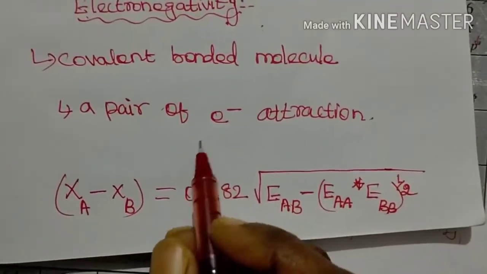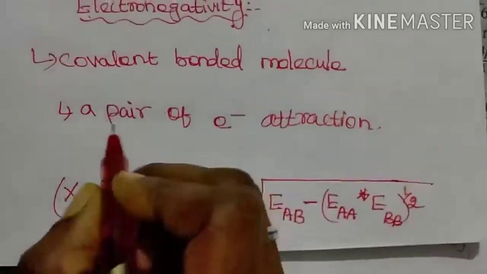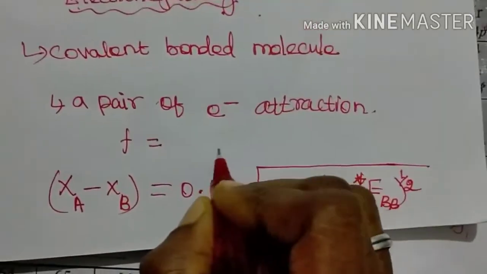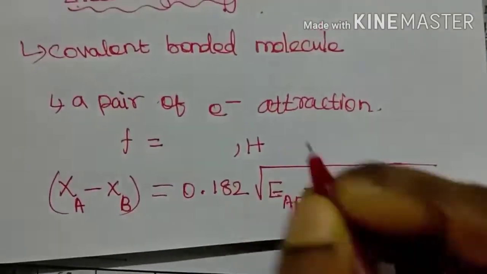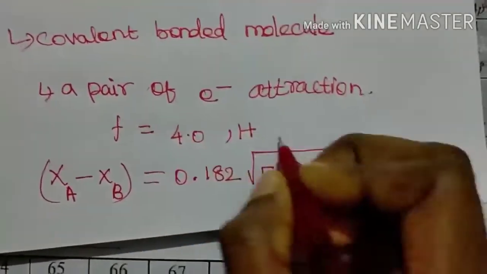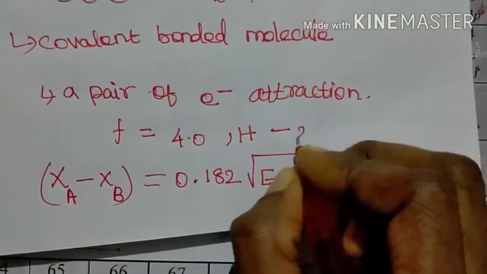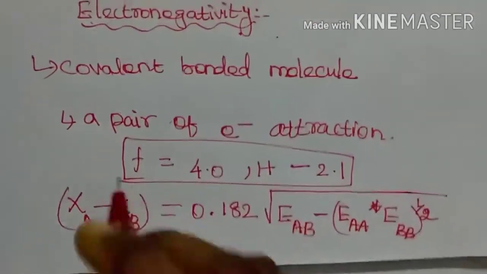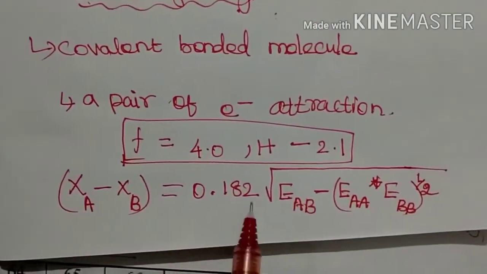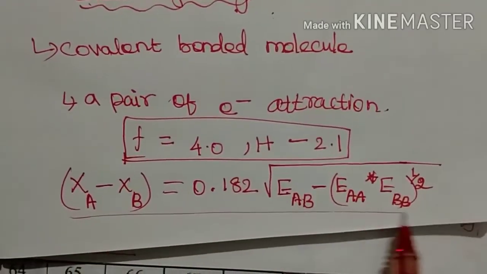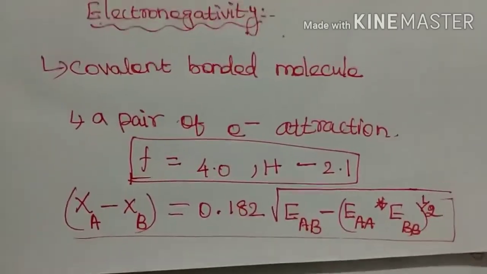He fixed arbitrary values of fluorine as 4.0 and hydrogen as 2.1. He fixed these values to measure the other elements' electronegativity by this formula.